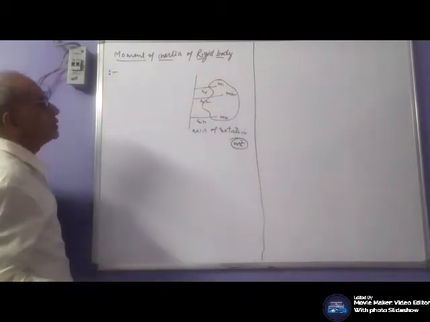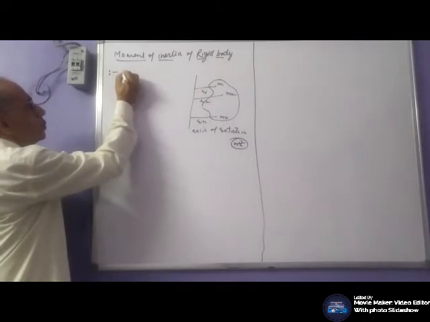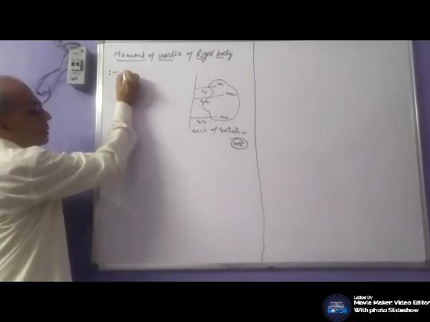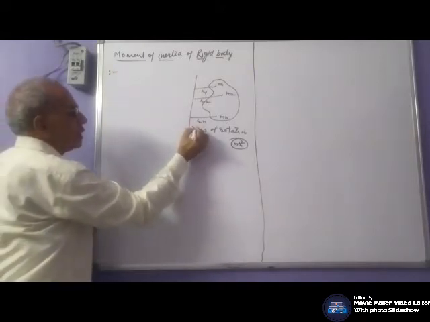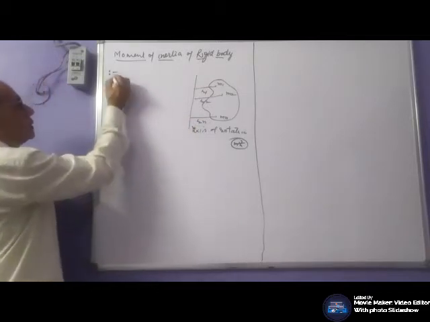Again, moment of inertia of rigid body. This is the axis of rotation.